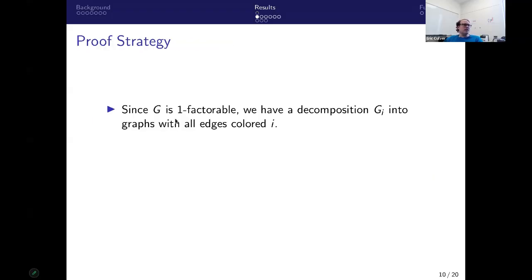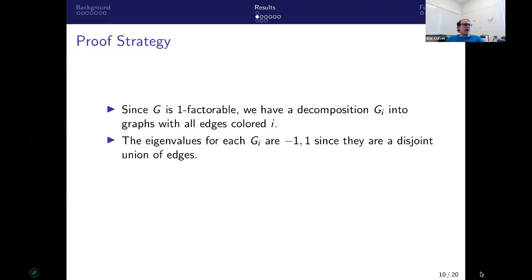So the proof strategy is, since it's one factorable, we can decompose it into these perfect matchings, and then each of those we can turn into block matrices essentially, and since those block matrices are a bunch of K2s, their eigenvalues will just be -1 and 1.